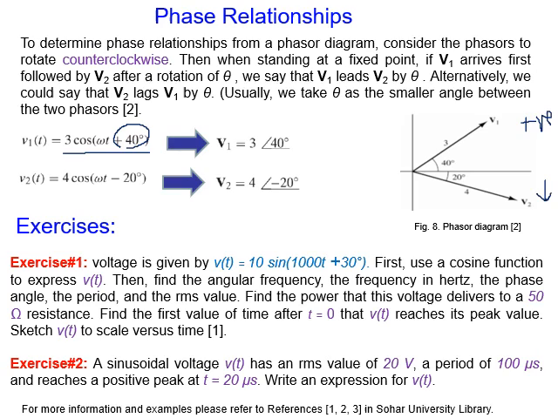Clockwise, it will be negative, right? It means rotating in this direction is positive, rotating in this direction is negative. Now, this is the 0. When he told me that there is phase shift 40, I need to search 40.